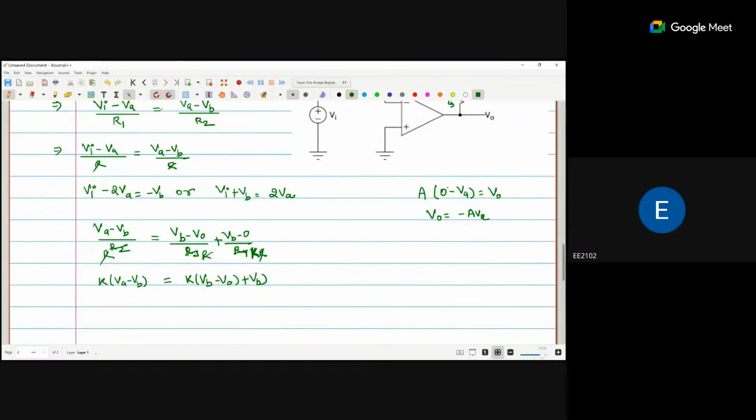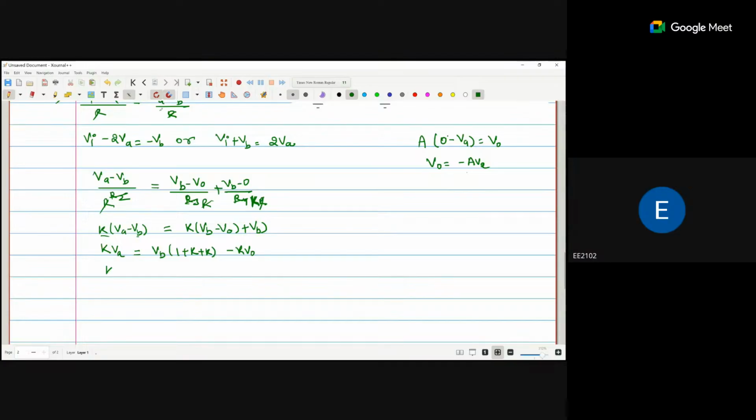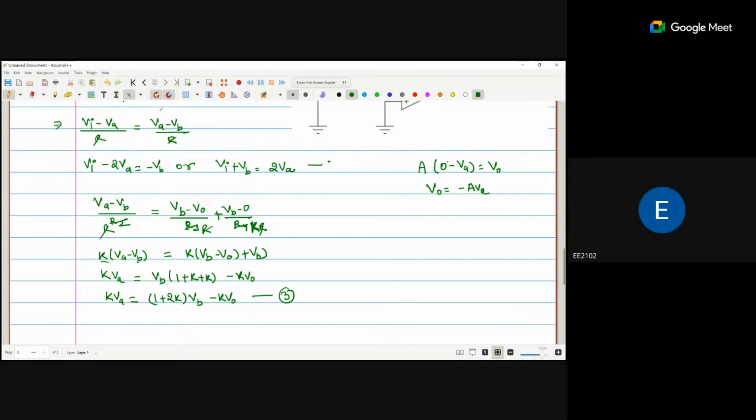Okay, so if I solve it, K VA is equal to VB times (1 plus K), and this VB also comes again K, minus K times V naught. So K VA is equal to (1 plus 2K) times VB minus K V naught. This is equation number 3, equation number 2, and equation number 1.